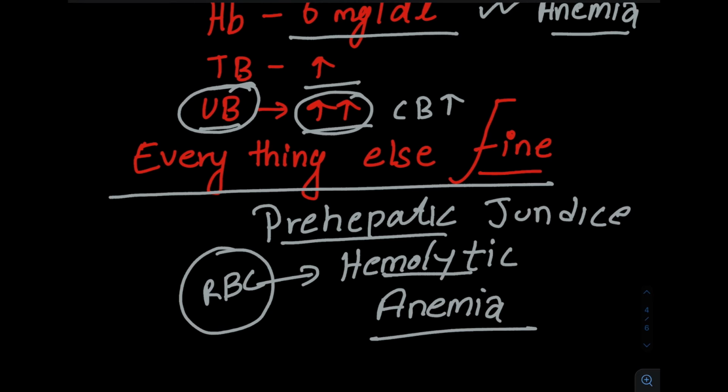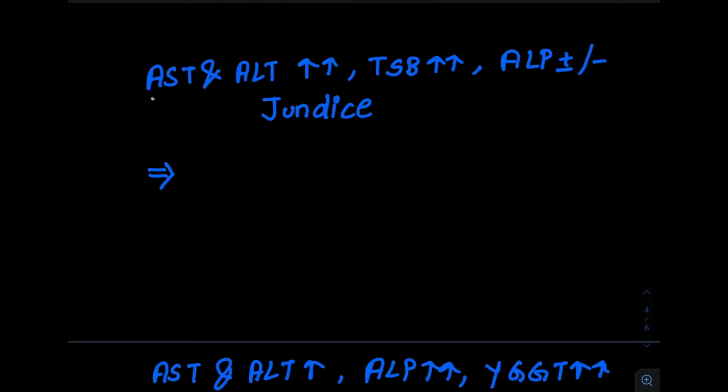In the next scenario, there is an increase in the level of AST, an increase in ALT, total serum bilirubin has risen, alkaline phosphatase is slightly raised or normal, and the patient has jaundice. What may be the condition? Since there is a rise in AST and ALT, there is definitely liver pathology. Total serum bilirubin has also risen, so there is jaundice, and alkaline phosphatase is normal.